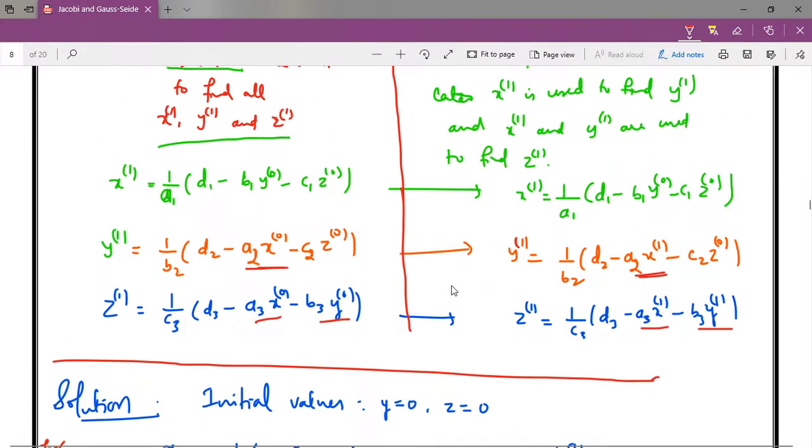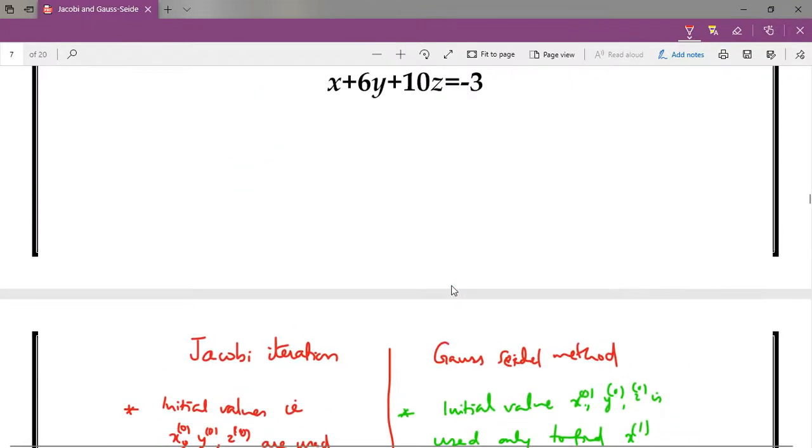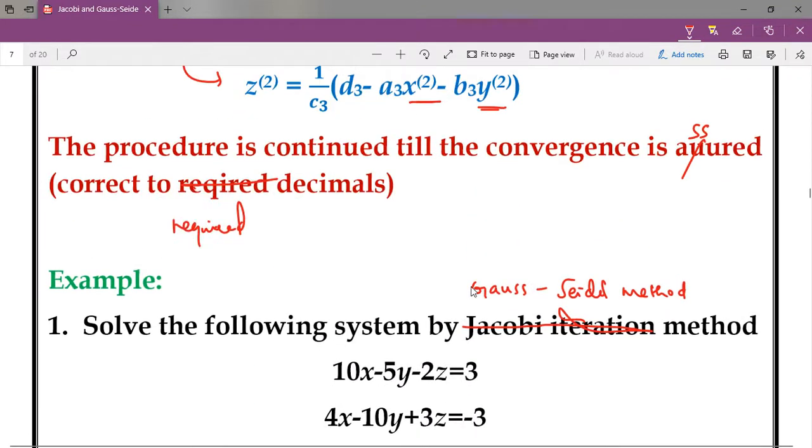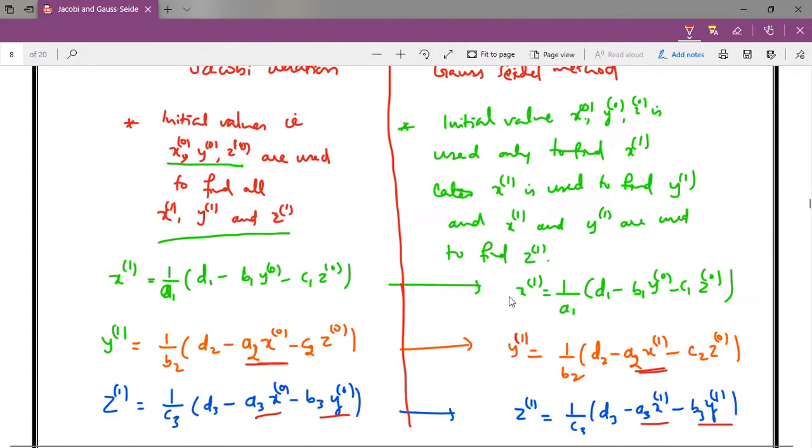So the only difference we need to observe between the Gauss-Seidel and Jacobi iteration is this. The x1 step is the same in both Jacobi as well as Gauss-Seidel. But while finding y1 in Jacobi, we are still using the initial values x0 and z0, whereas while finding y1 in Gauss-Seidel, we are using the latest root x1 instead of x0.